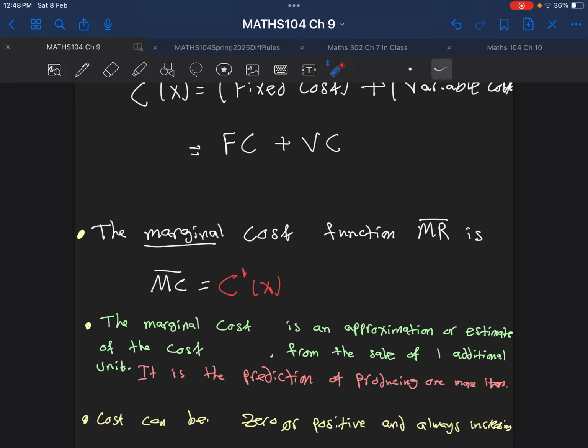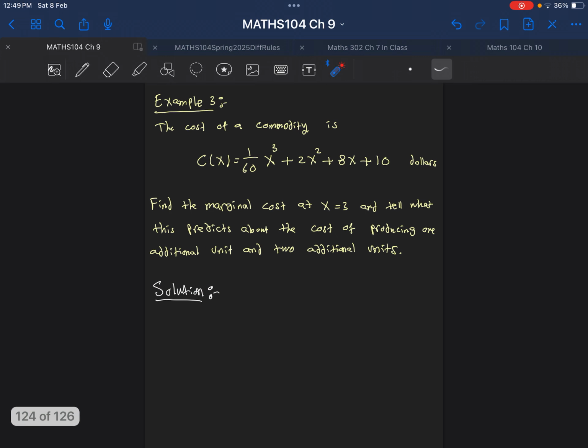Sometimes it is so costly to produce a product, and sometimes if you produce one more item, it does not matter because maybe the material is so cheap and the only fixed cost that you already have to pay is making the cost high. Sometimes it's positive, which most of the time we should expect. But again, it should be always increasing. When you produce one more item, it means you add some variable cost, which means the cost has to be even higher.